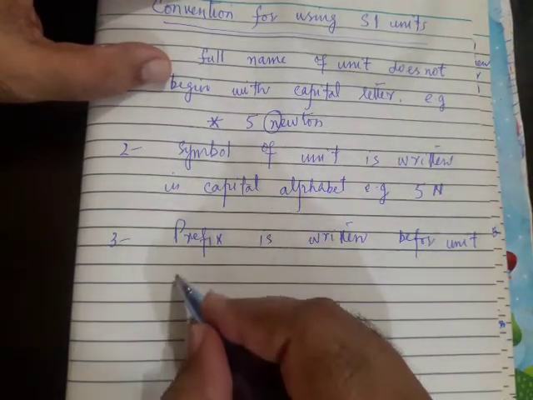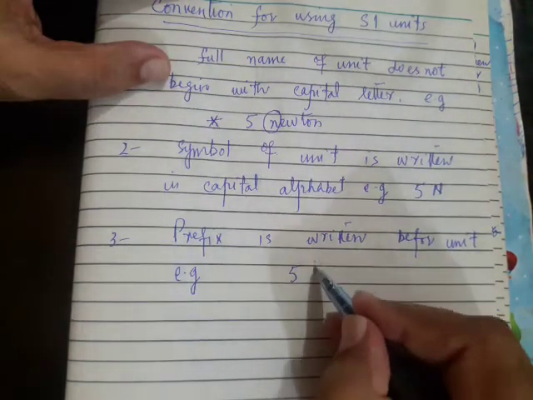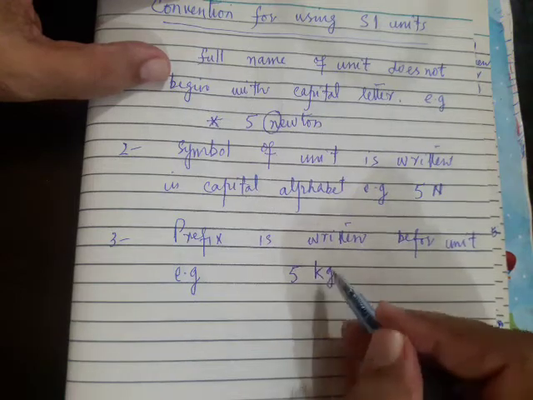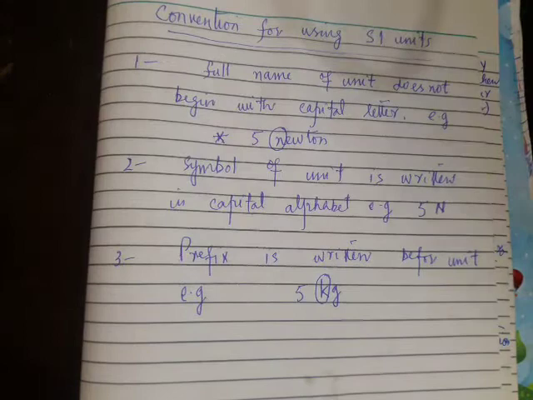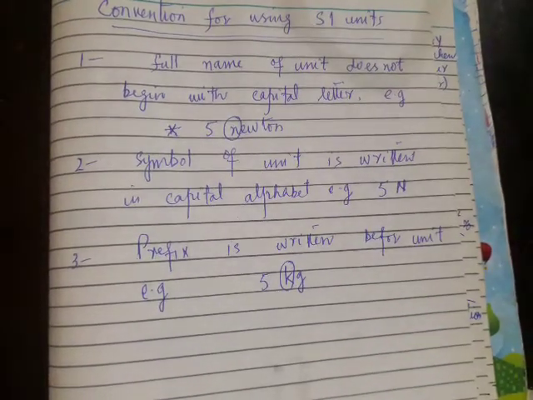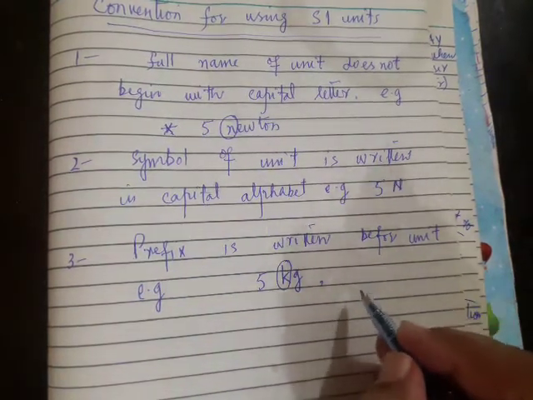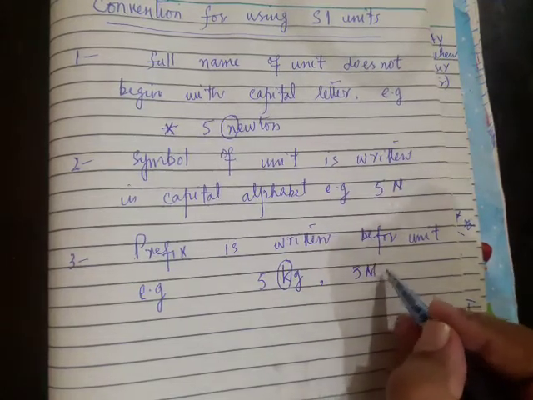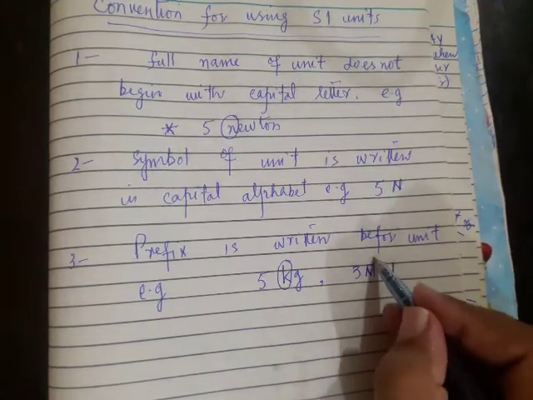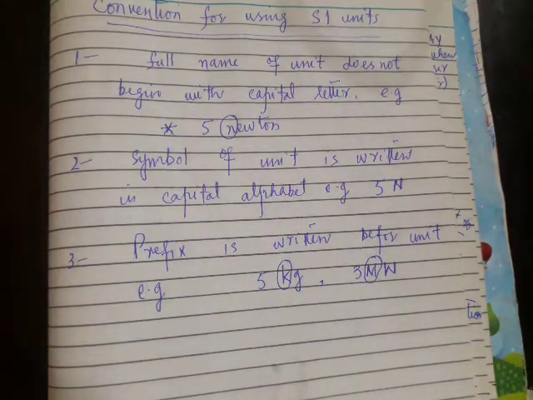For example, 5 kilogram. See, k is before the unit, that is gram. Or we write 3 megawatt. Again, see, M is before the unit.